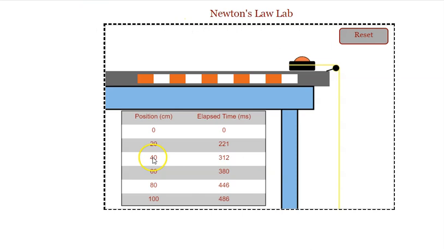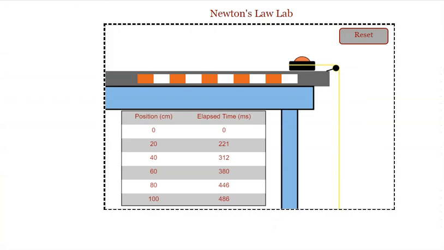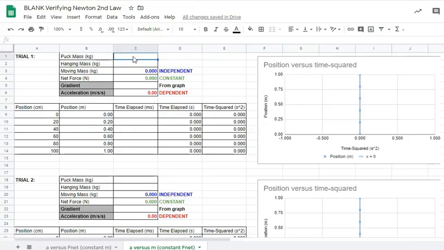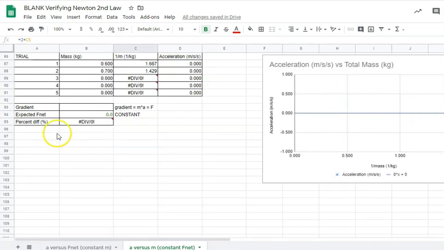Okay, and then you plug that data into the table, the same as before. So if I enter, what did I say? The puck will start at 0.1 of a kilogram. The hanging mass stays constant all the way down in this investigation, and you just increase the puck by 0.1 each time. Plot the graph, get the gradient, it'll calculate the acceleration, and then it'll plot it down here, same process.